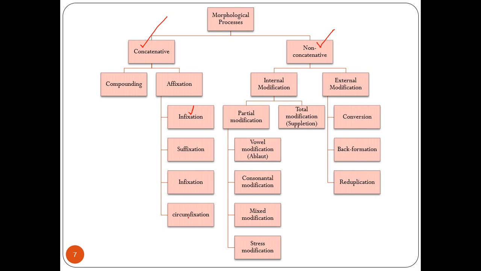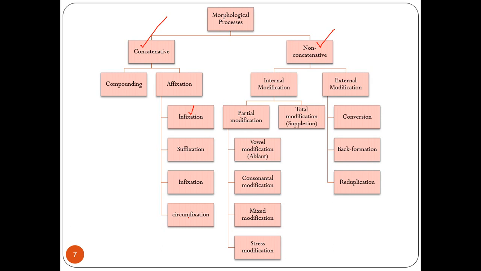Prefixation is attaching a bound morpheme to the beginning. Suffixation is attaching any kind of inflective morpheme to the end, to the tail of the base. Infixation is basically inserting a bound morpheme in the middle of the word.